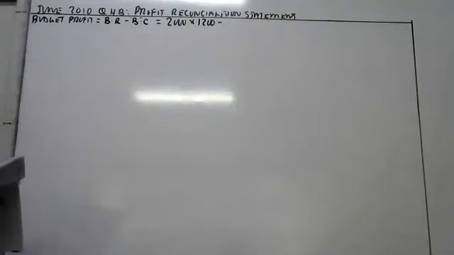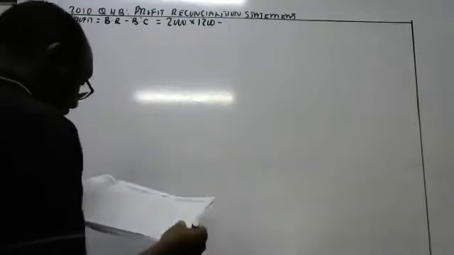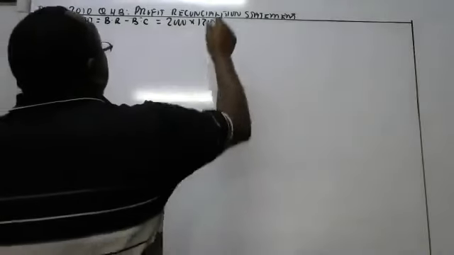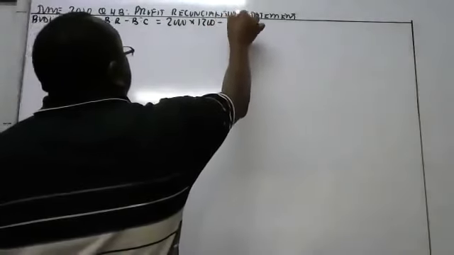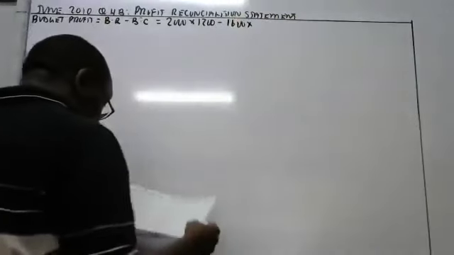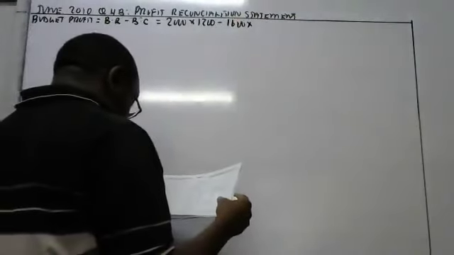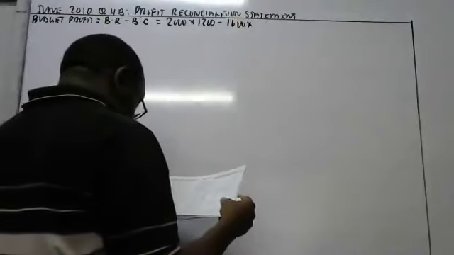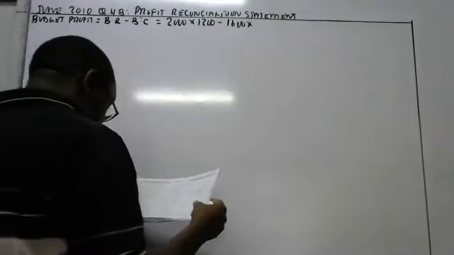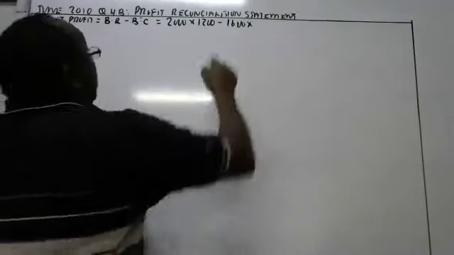Minus the budget production cost. The budget production cost should be 1,600 times 1,200.